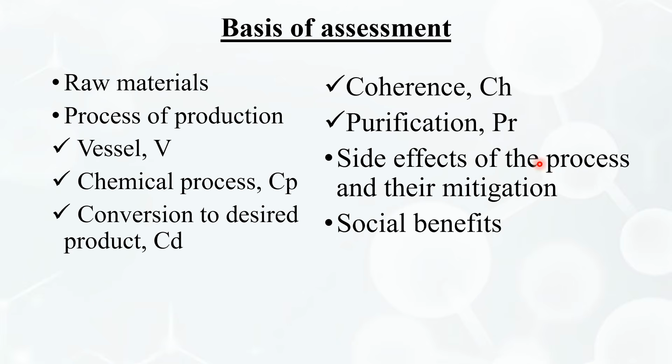We are emphasizing side effects of the process. Then social benefits of the production process. Sometimes we normally give the side effects of the product, yet we are looking at the side effects of the process.